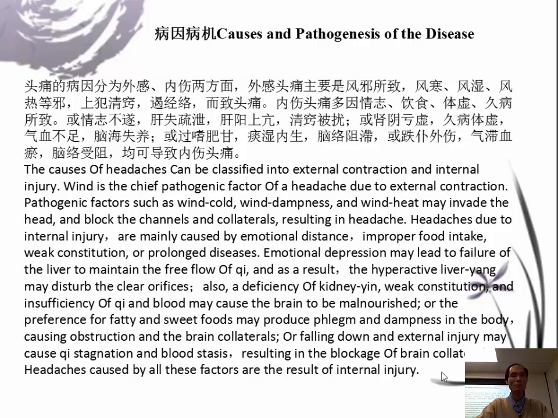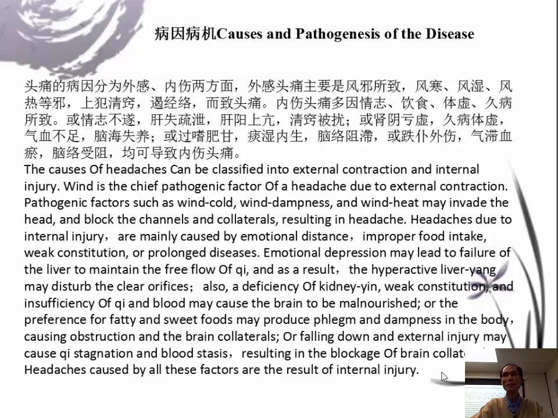In the case of internal injury, it is because of emotional disturbance or eating disorder, or some people may suffer from a weak constitution, such as lacking blood and qi. Then the most common case will be prolonged disease. Many people suffer from disease for a long time. Of course, in this case, qi and blood will be deficient.